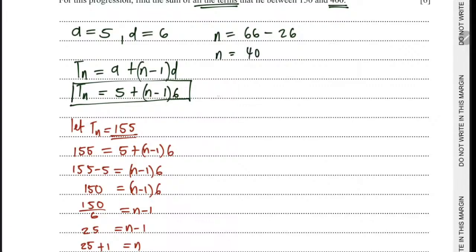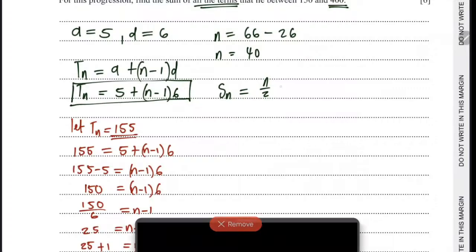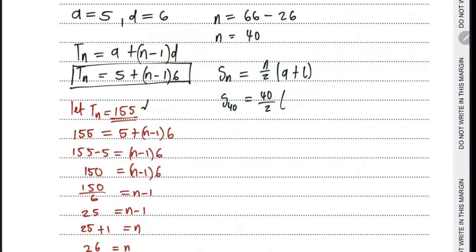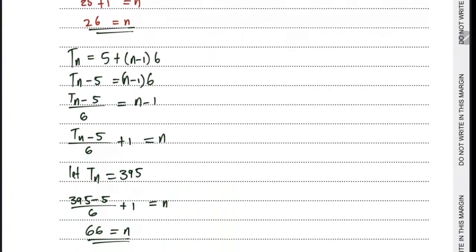So you can say Sn is equal to n over 2. Since you know the first term and the last term in this progression, you can still do the a plus l, okay? So you say sum of 40 terms, which is 40 over 2. Our first term we saw it was 155, right? Plus our last term we saw it was 395, right?